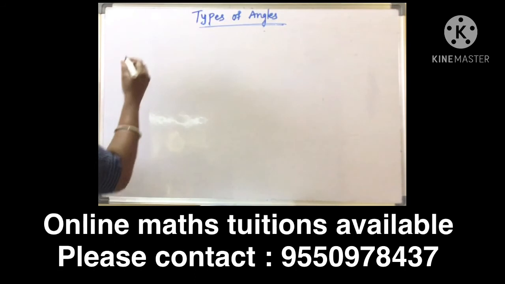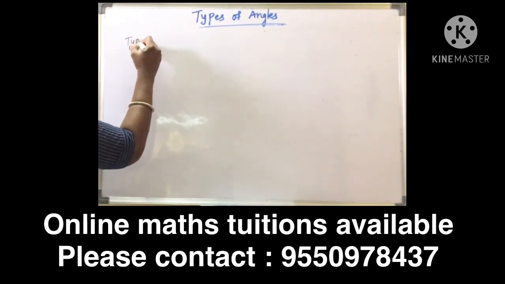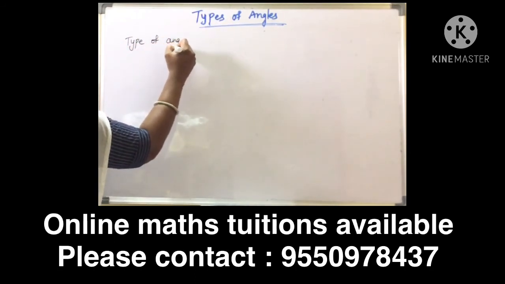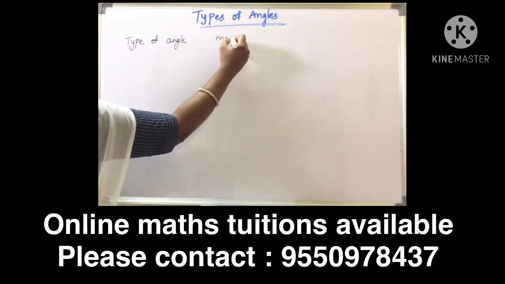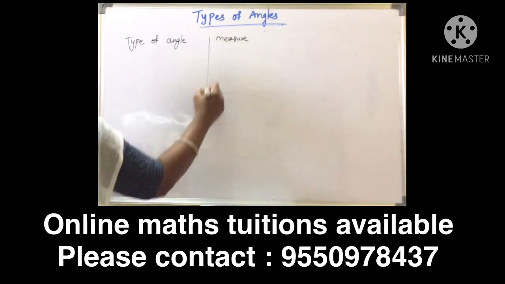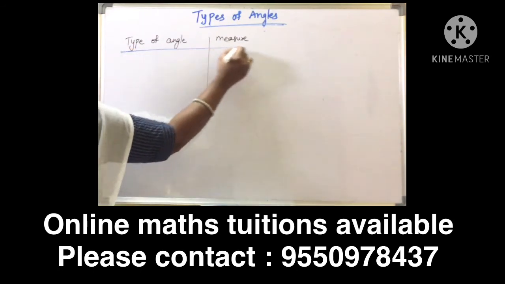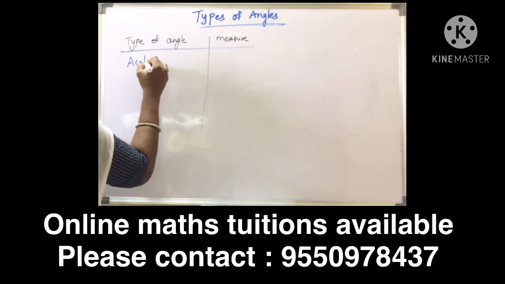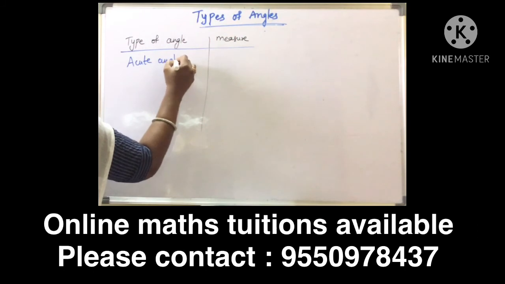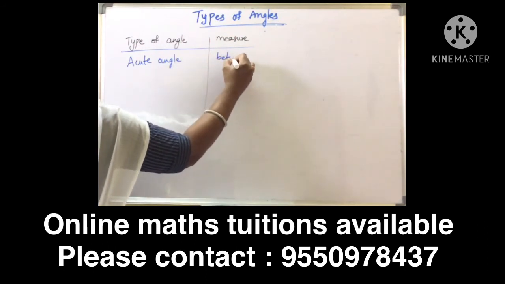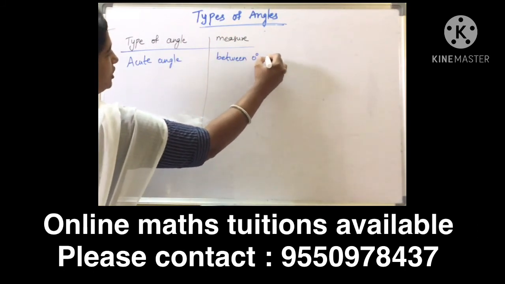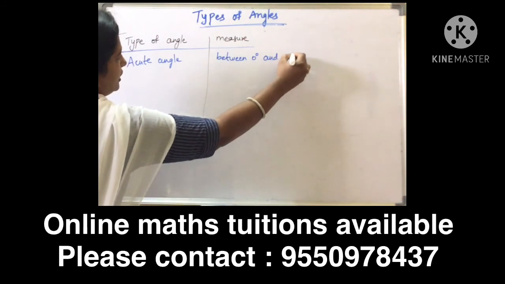Once again we will repeat, children. In brief, I am writing the type of angle and its measure. Okay. Now first one, acute angle. Acute angle is nothing but between 0 degrees and 90 degrees.